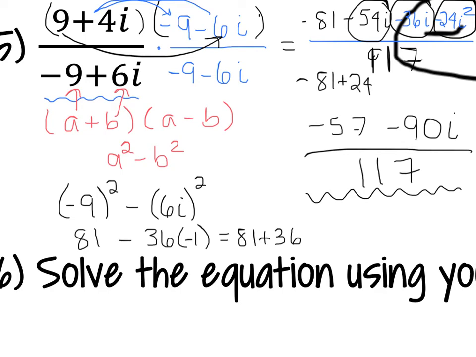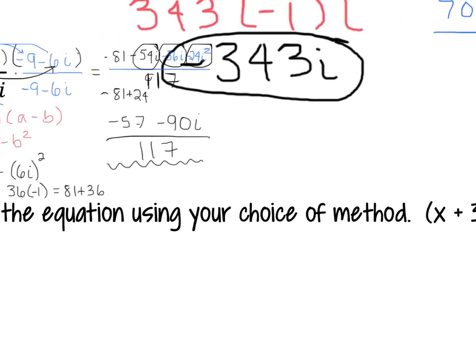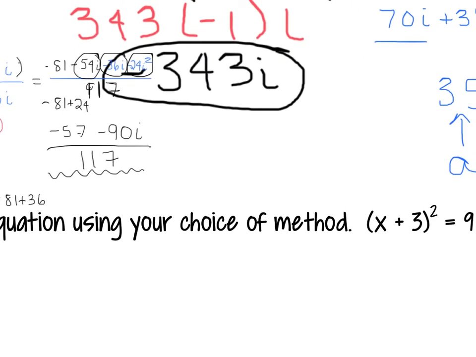But our job is not yet done because I can actually simplify this expression further. Is there a number that goes into 57, 90, and 117? We can essentially divide all of our terms by 3. Negative 57 divided by 3 gets me negative 19. Negative 90 divided by 3 gets me negative 30i. And 117 divided by 3 gets me 39. My apologies, 19 was what 57 divided by 3 was.